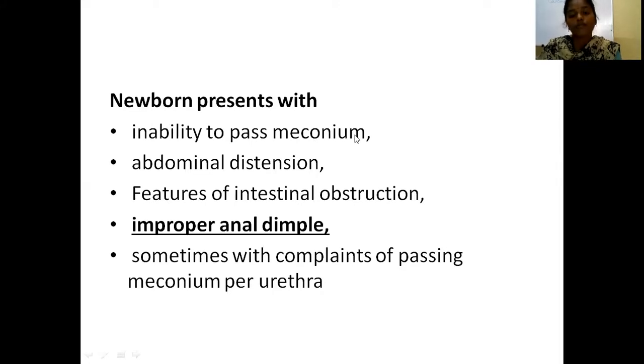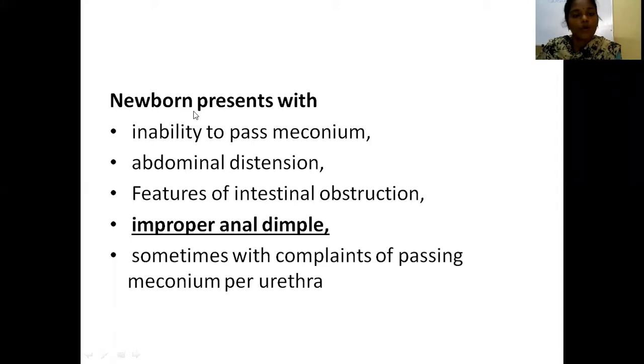In Hirschsprung's disease, the anus is present in the normal position. In anorectal malformations, the anus will be absent, or it will be a simple dimple or imperforate anus. Sometimes it may be an anteriorly shifted anus also. This is how you differentiate between Hirschsprung's disease and anorectal malformations clinically.